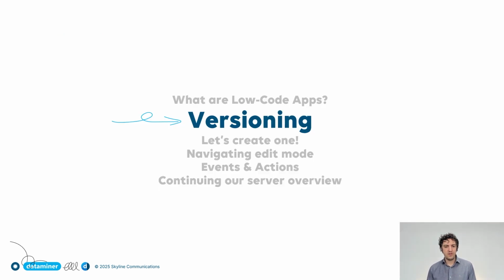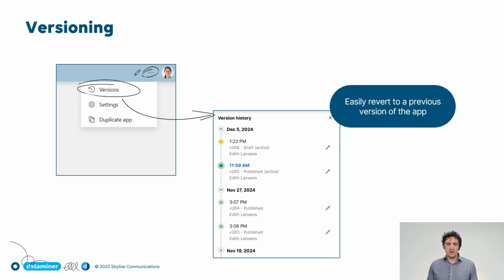Right, so let's take a look at the first change we will have compared to dashboards, which is versioning. So if you have a low-code app, you'll see that at the top right, you get 3 dots next to your user icon. And in those 3 dots, you'll find the versions.